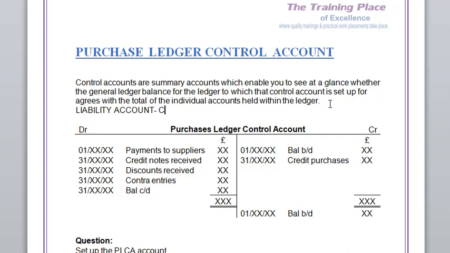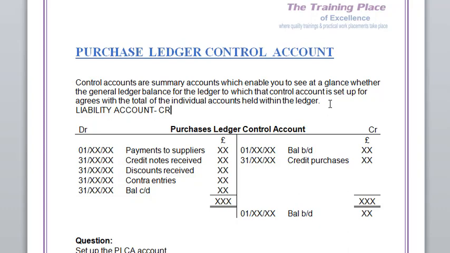And if it carries a credit balance by default, you need to connect your mind to what will cause the balance in that account to increase, and what will cause the balance to reduce. Anything that causes the balance to increase will be credited, and anything that causes the balance to reduce will be debited into that account.